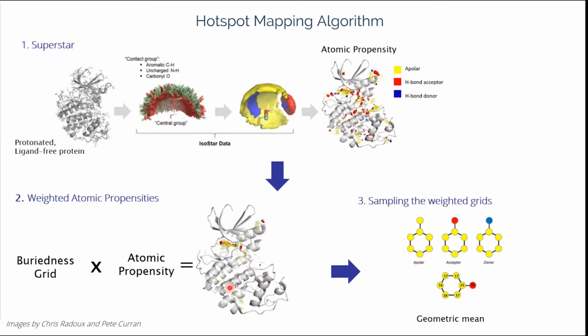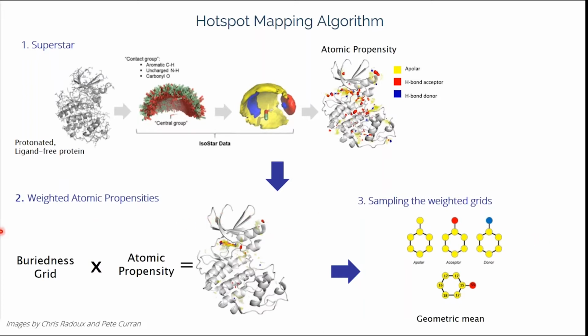To take that into account, these weighted maps are then further sampled with 3 fragment-like probes corresponding, again, to the 3 interaction types. The probes are translated to the highest scoring points in the weighted maps, and then rotated around the head atom. Each of these rotating poses is scored.